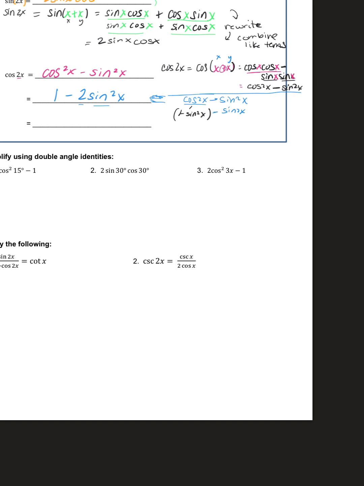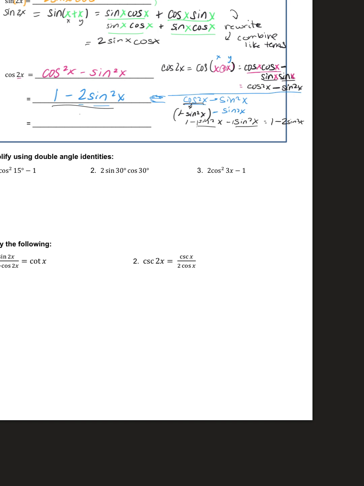So I can get rid of these parentheses because I don't have to factor or multiply anything in. So if I do that, I have 1 minus sine squared x minus sine squared x. Well, these are like terms. I have a -1 and a -1. That gives me 1 minus 2 sine squared x. And that's how you get this one.